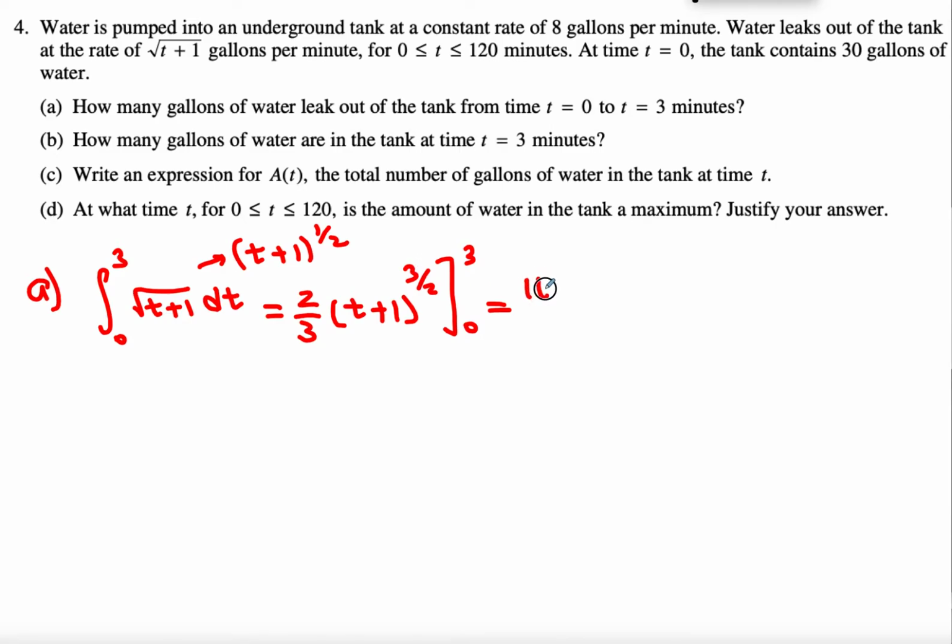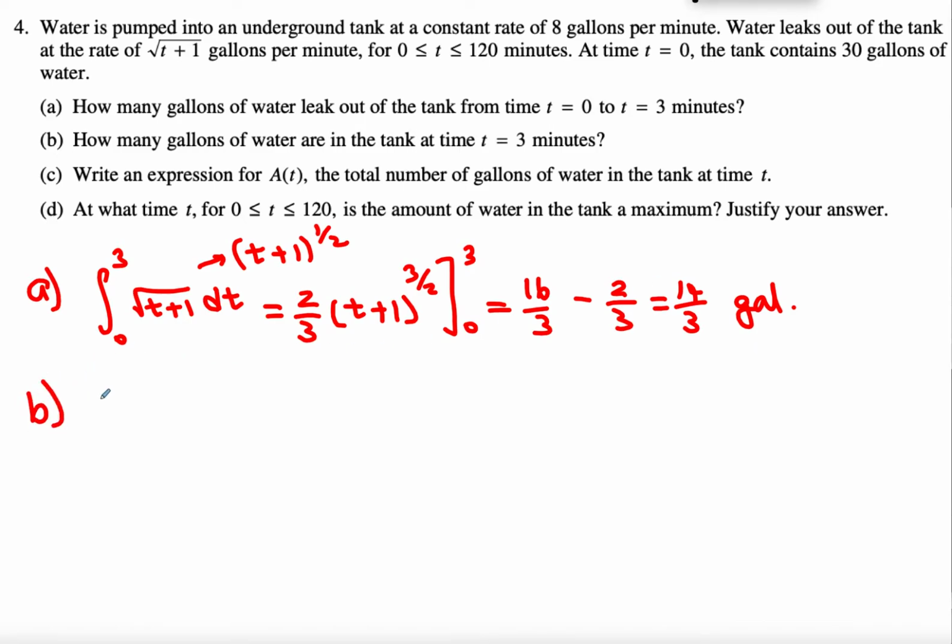So we get 16 over 3. Minus, when you plug in 0, this one simply becomes 1, so we get 2 over 3, so we get 14 over 3. 14 over 3 gallons is basically what we end up getting.